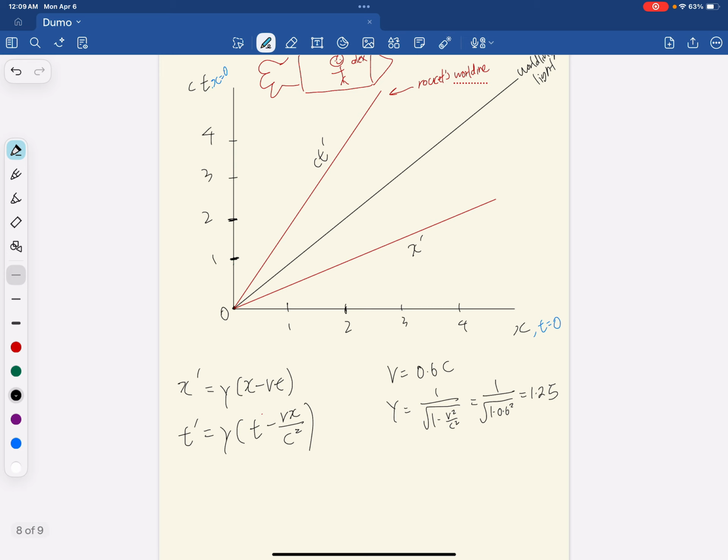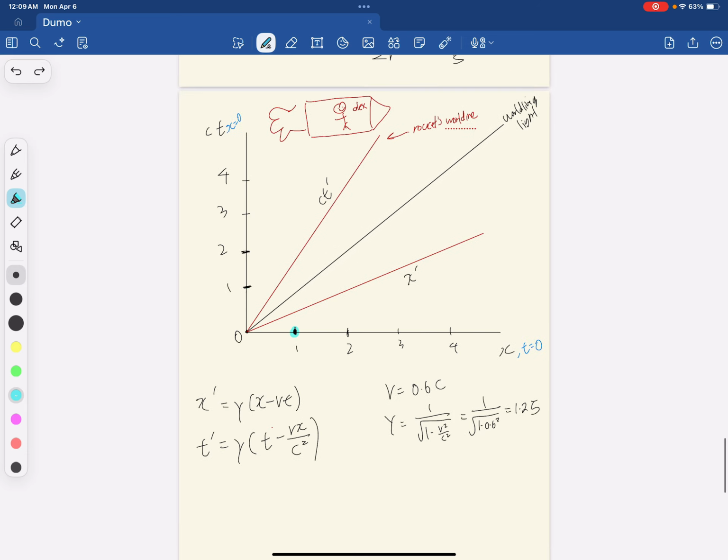I think the best way to do it is, let's take this coordinate 1, 0. So x equals 1, but t equals 0, right? And we just see where that corresponds to on this x primed axis. And we're gonna be doing that by using this formula that is on our formula booklet.